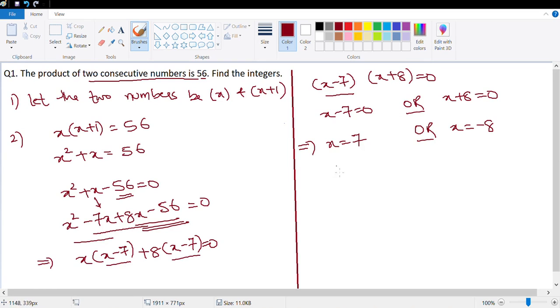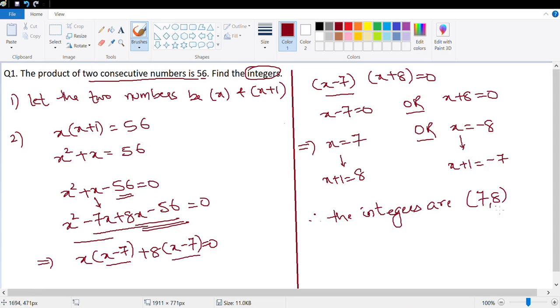So if x is equal to 7, then x plus 1 is equal to 8, and if x is equal to negative 8, x plus 1 is equal to negative 7. Therefore, since it says integers, which means we can have negative numbers as well, the integers are 7, 8 or negative 8, negative 7. Done. Let's look at the next question.